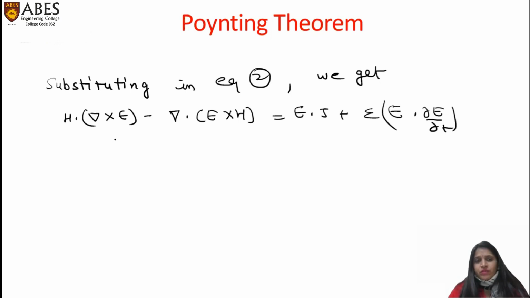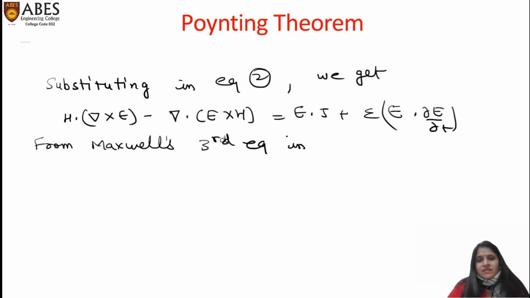From here, what we can do is substitute the value of del cross E. From where can we substitute the value of del cross E? From Maxwell's third equation in differential form.